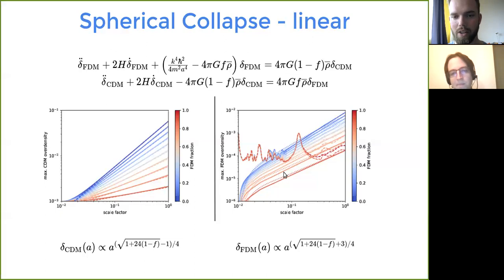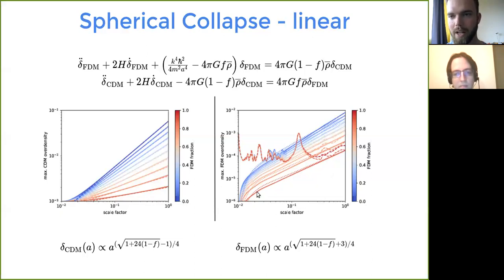And also on the right, fuzzy dark matter cannot clump unless there is a gravitational potential source by cold dark matter. So it makes sense to initially only have an overdensity in the cold dark matter part and a homogeneous fuzzy dark matter part, and that is actually what we simulated here with the solid lines, and where we also gave the analytical linear expectation.